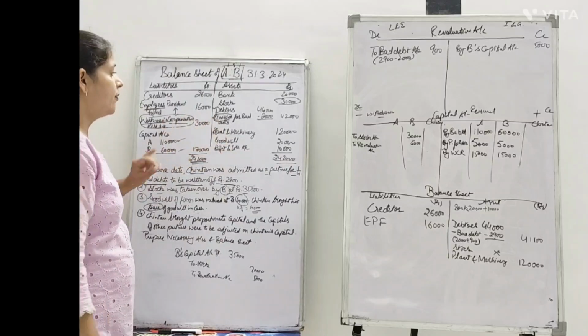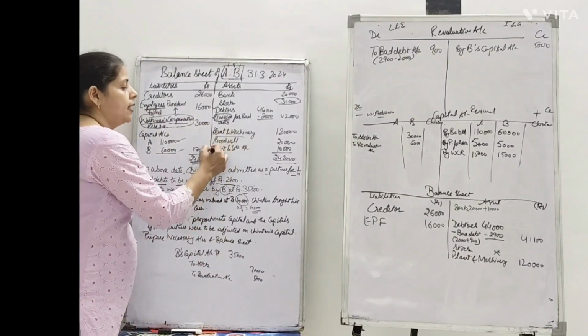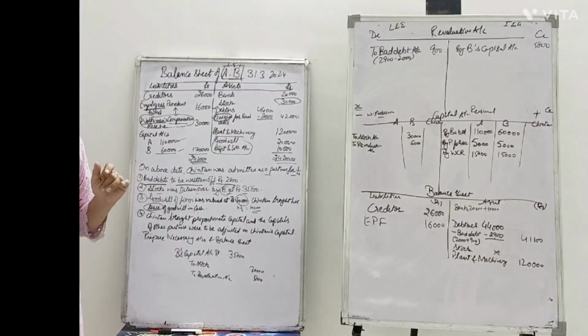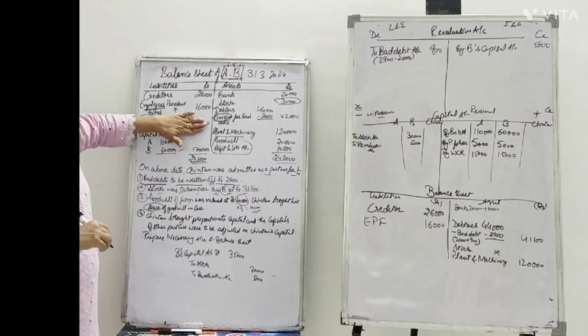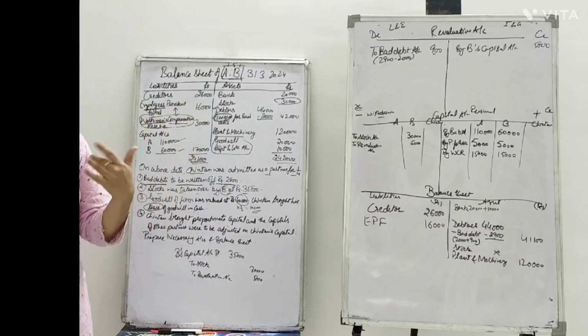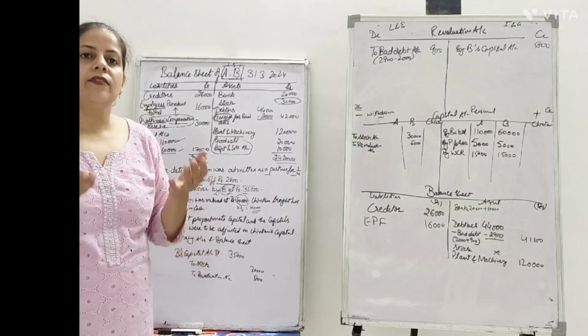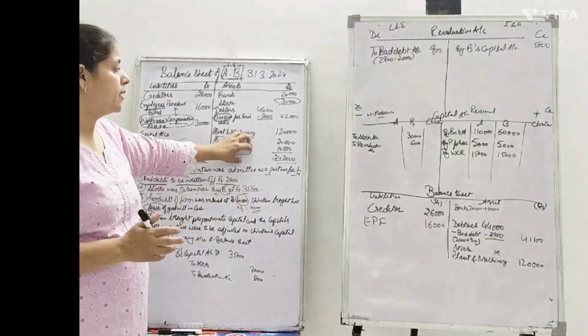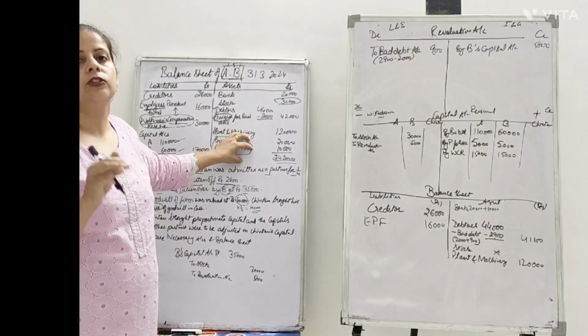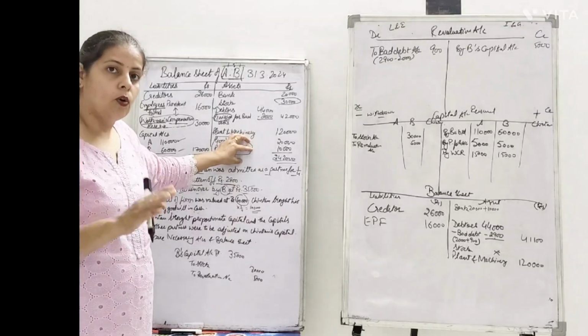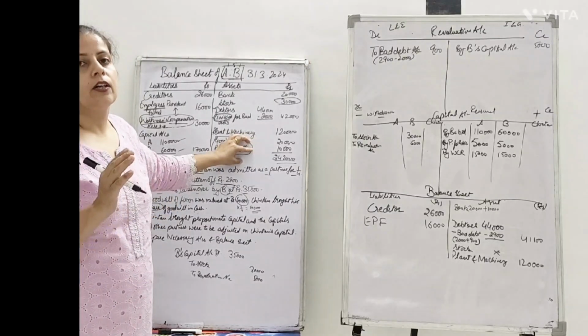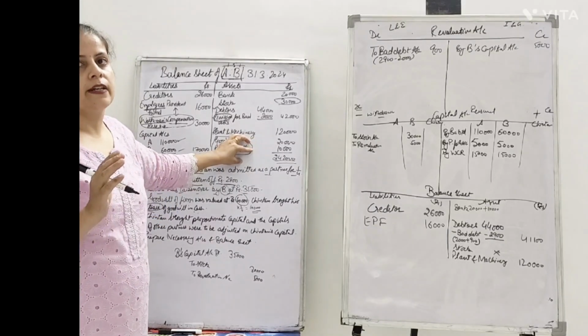Now, the two leftover points are goodwill and P&L account. As I have told you, free reserve belongs to the partners. So, old partners. Whatever losses are given in the balance sheet, that also belongs to the old partners in their old profit sharing ratio.